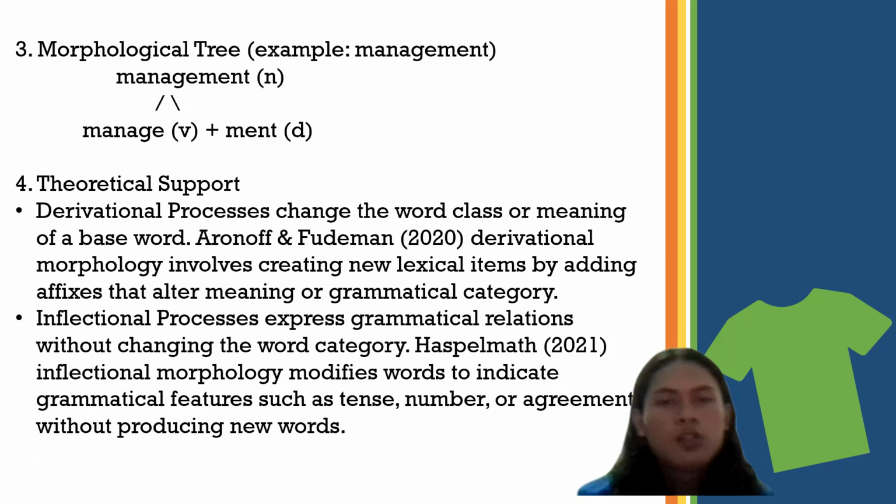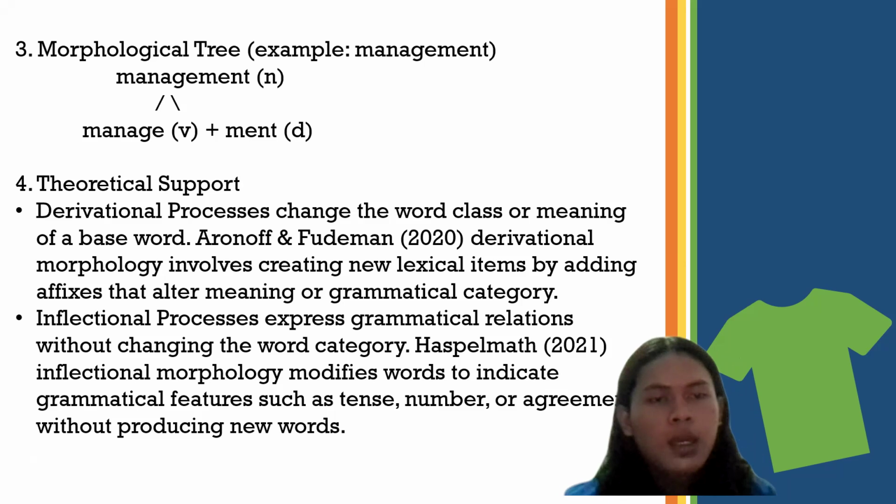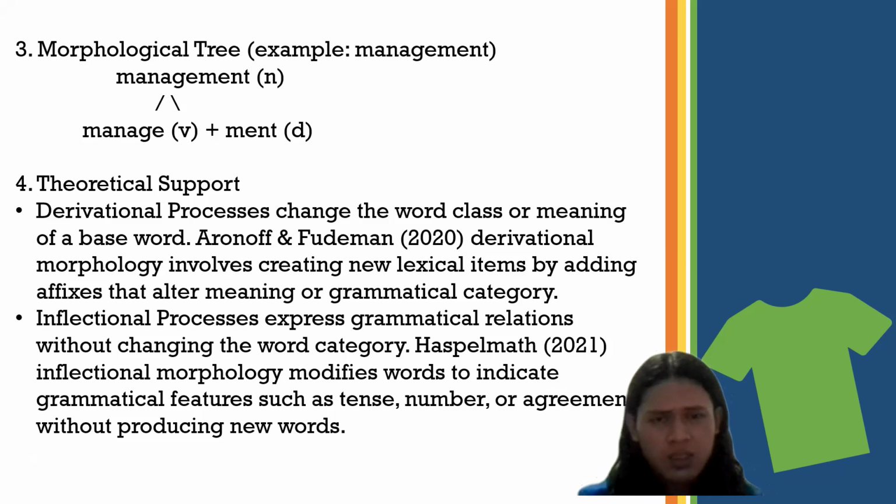Aronoff and Friedman, 2020: derivational morphology involves creating new lexical items by adding affixes that alter meaning or grammatical category. In the inflectional process, it expresses grammatical relation without changing the word category.